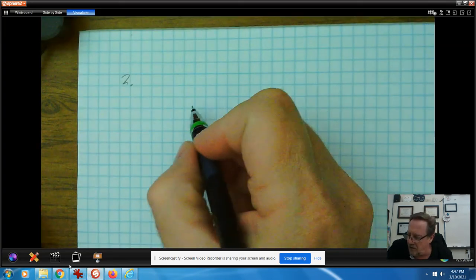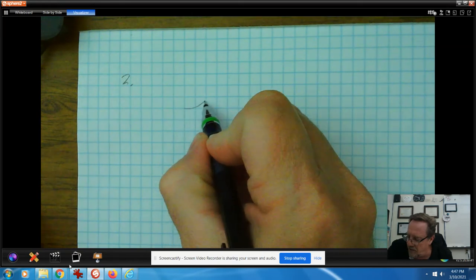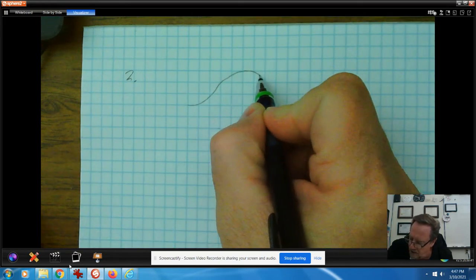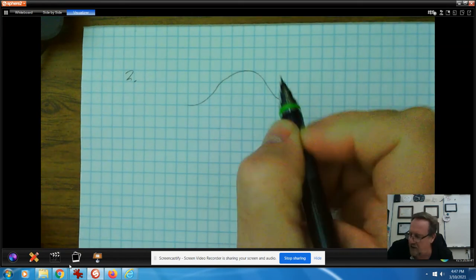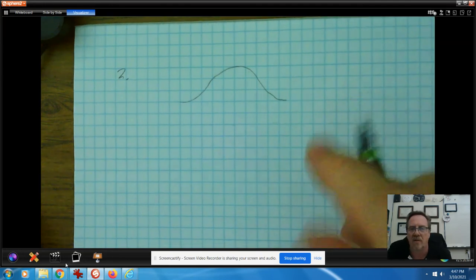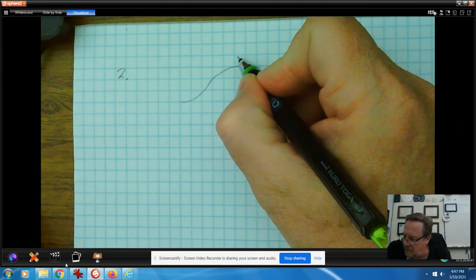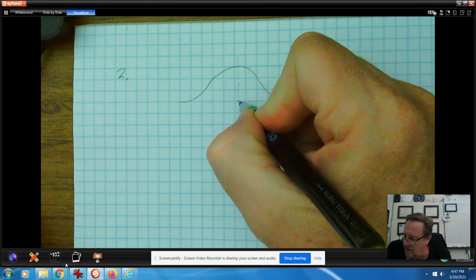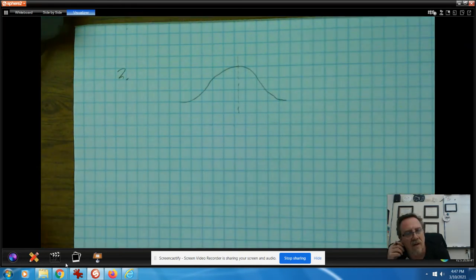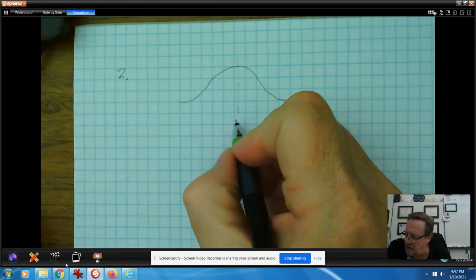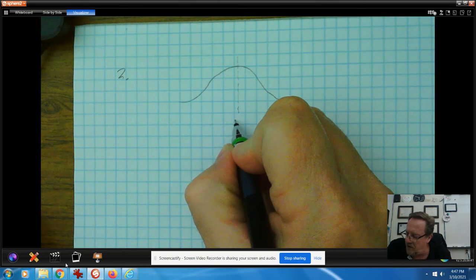It's a normal distribution, so I'm going to draw my normal curve. Ta-da! So artistic. All right, so there's a normal curve. And through the middle of it, right in the smack dab center, is where the mean is, okay?